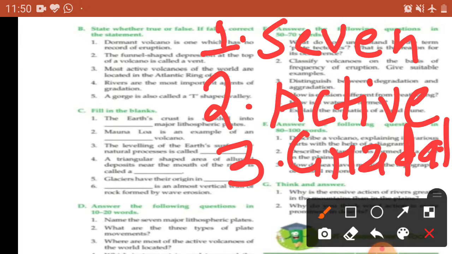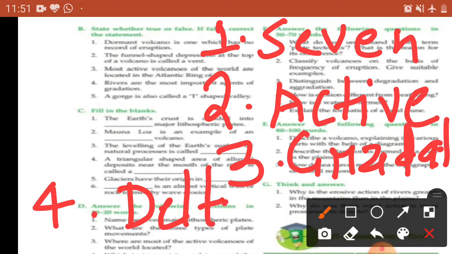Fourth one, a triangular-shaped area of alluvial deposits near the mouth of the river is called a dash, and the fourth answer is delta.